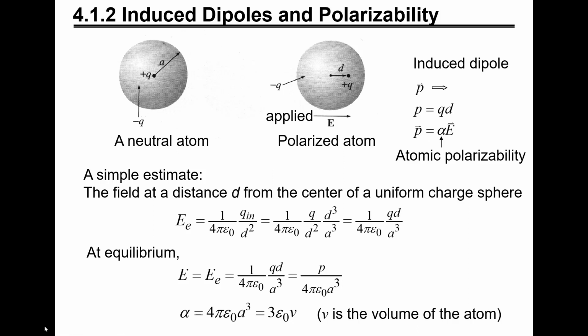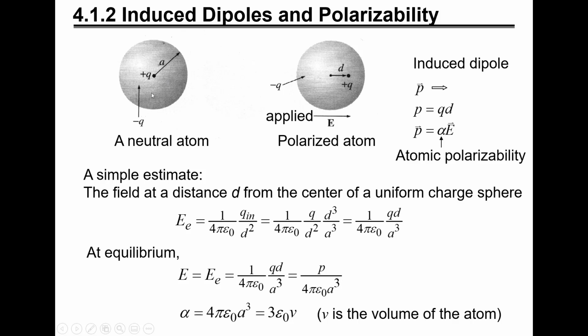For example, a primitive model of an atom consists of a point nucleus, such as this one, surrounded by a uniformly charged spherical cloud of radius a. So calculate the atomic polarizability of this atom.